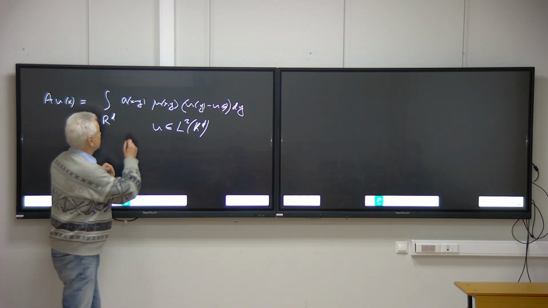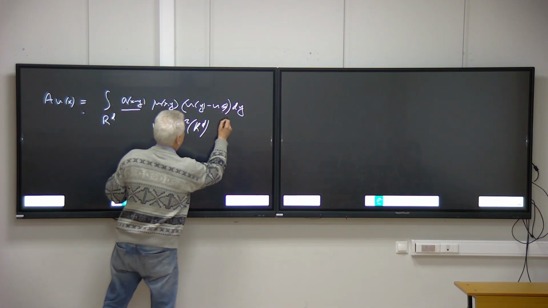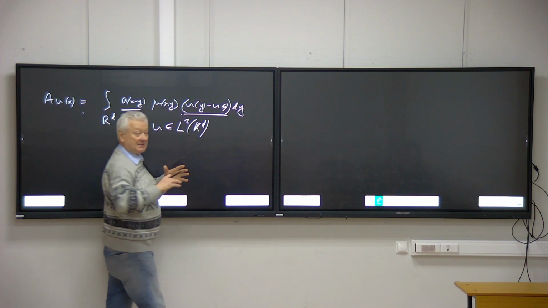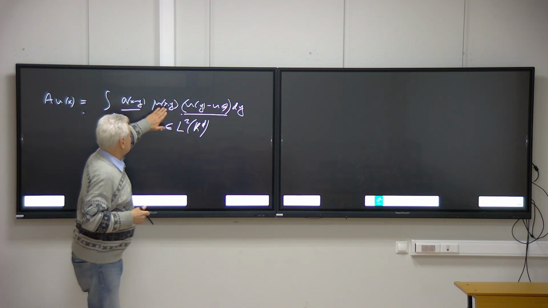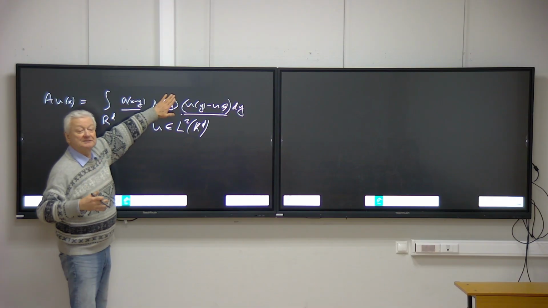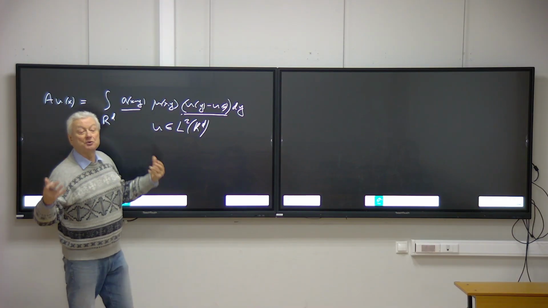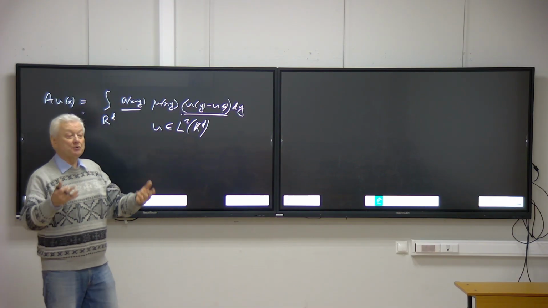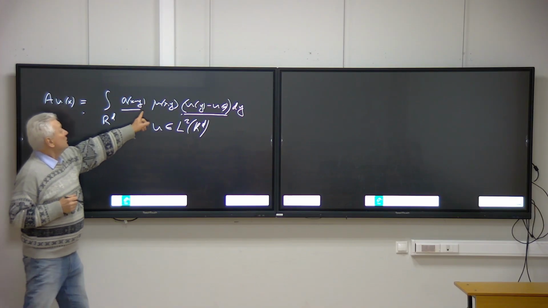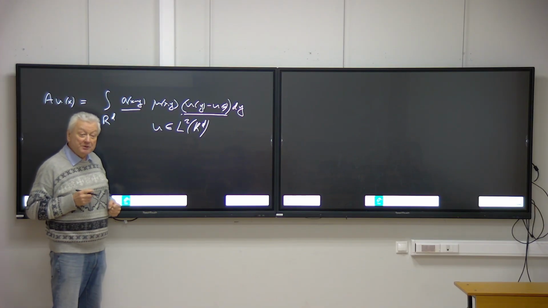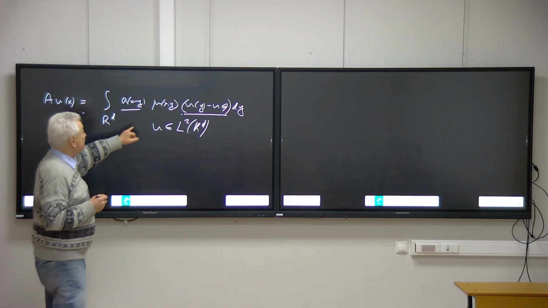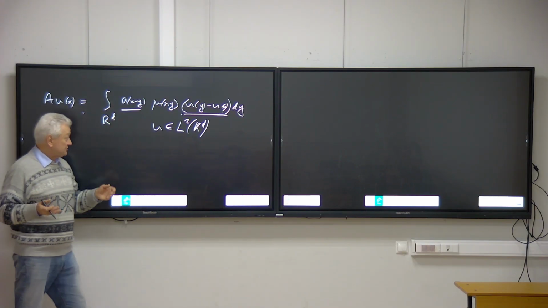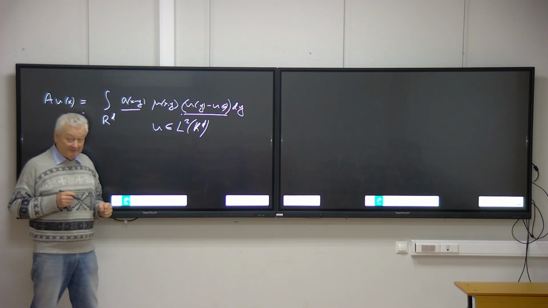While this term and this term are parts like in the case of, let's say, a partial differential equation. Without this term, it would be the analogy to an operator with constant coefficient. If we want to have a non-constant coefficient, we have this coefficient mu, which is responsible for the local characteristic of the media, and it depends, in contrast with partial differential equations, on two variables.